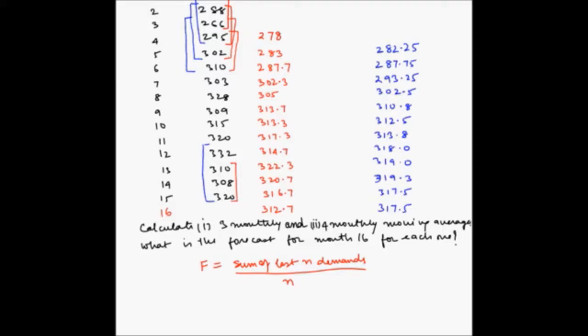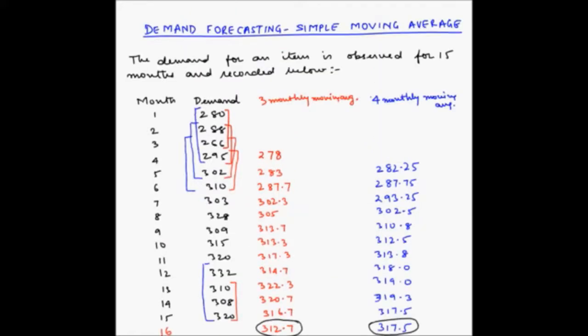As you can note the difference, based on the 3 monthly moving average, the forecast for the 16th month turned out to be 312.7, while using the 4 monthly moving average, the forecast for the 16th month turns out to be 317.5.